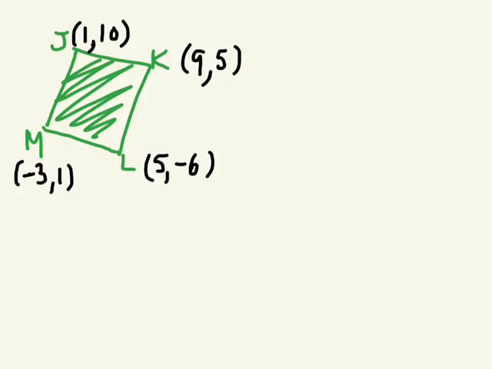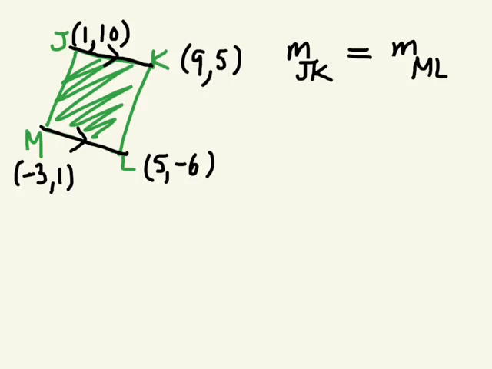We have to see if ML is parallel to JK, if the opposite sides are parallel. How do we do that using algebra, analytic geometry? Find the slope. If the slope of JK is equal to the slope of ML, we need to prove this.